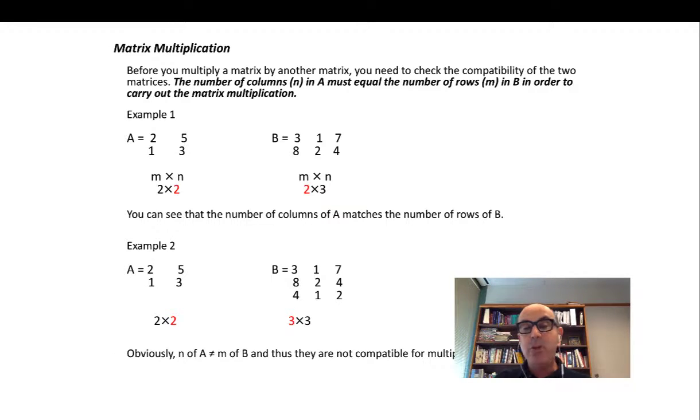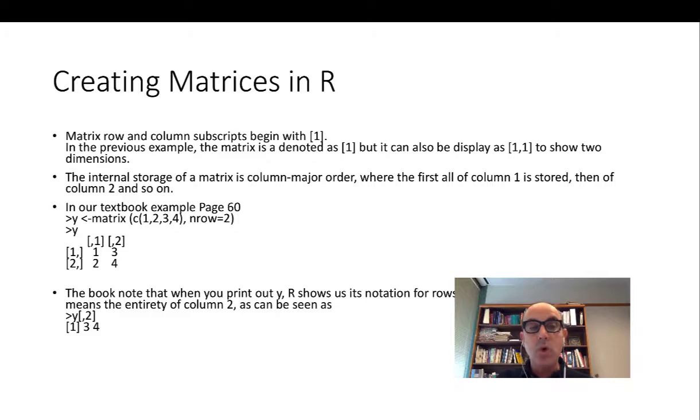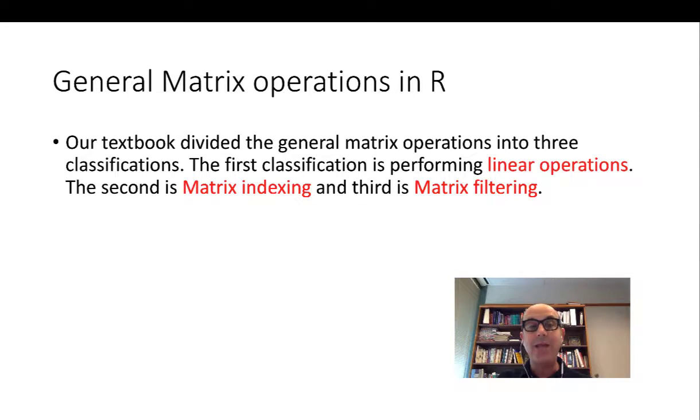The idea of matrix manipulation is part of what statisticians and mathematicians often do, and that's what it does. So I gave you an example again of the matrix and how to apply that, and to create a matrix with 2 rows and how to apply that.